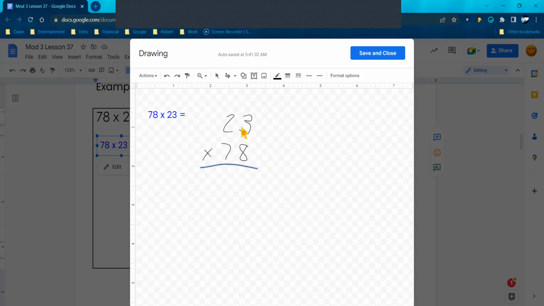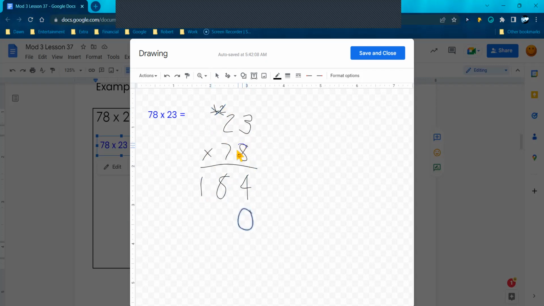So I'm going to do 8 times 3, which is 24. So I'm going to drop my 4. I'm going to put my plus 2 right here. 8 times 2 is 16, plus 2 is 18. First thing I do is I put an X over this because I'm done with it to remind me I've used it. Now I put my place value.